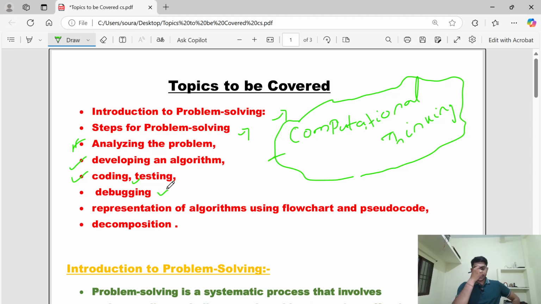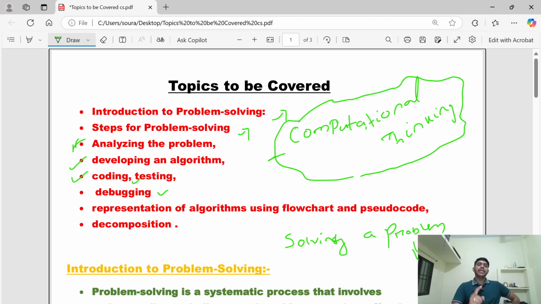Okay, these are the steps we are going to follow for solving a particular problem in computer science.